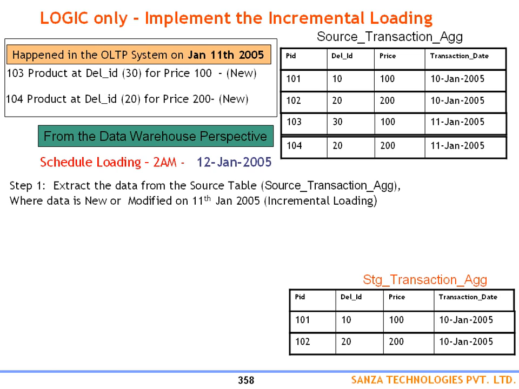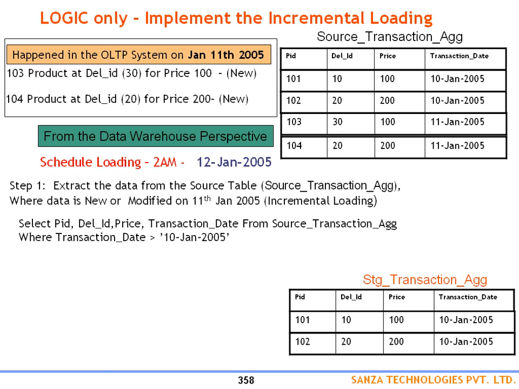Already we processed 10th January, so we need to take the 11th January data. So we extract the data. How will we extract? We'll write a select statement where transaction date is 10th January. Please observe here. If you look at it from another perspective, already you have loaded the previous run, 10th January.